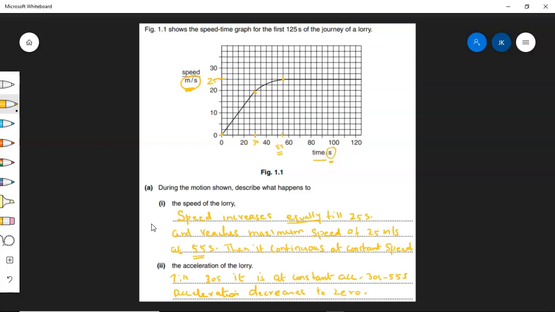Acceleration decreases to zero. Then if you want to continue, you can continue after 55 seconds the acceleration is at zero.